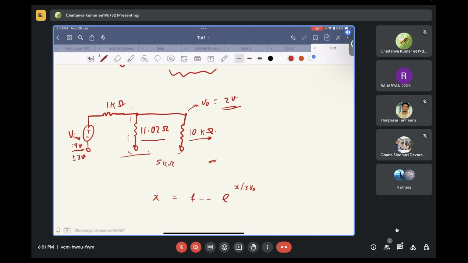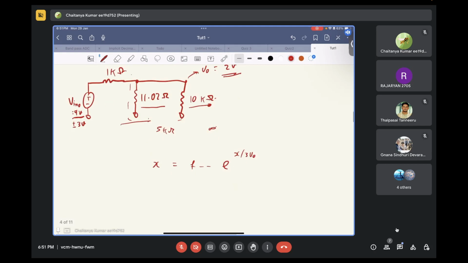But you should always make sure that your incremental analysis is working fine. And how will you do that? How did we come to this 11.02 ohm model for the complete diode picture? What we had was ID is equal to IS into e to the power V naught by 3 VT.